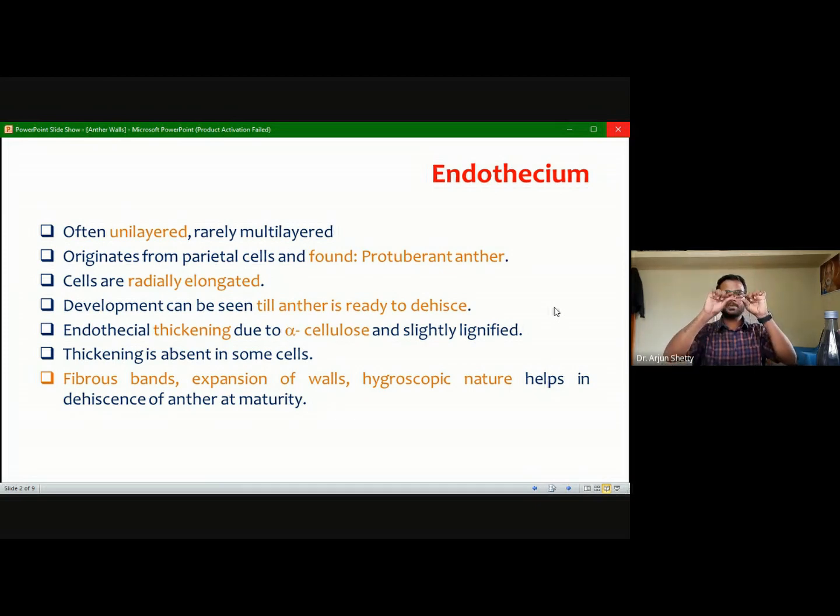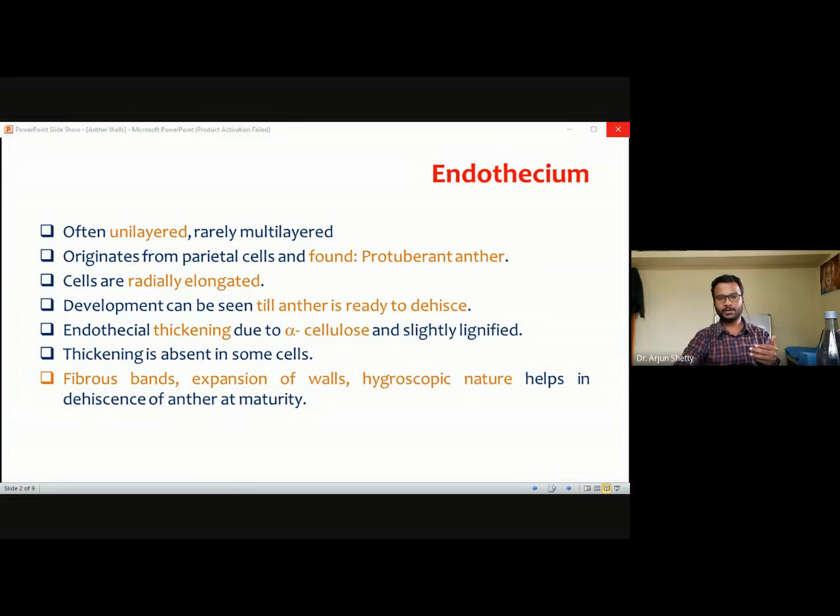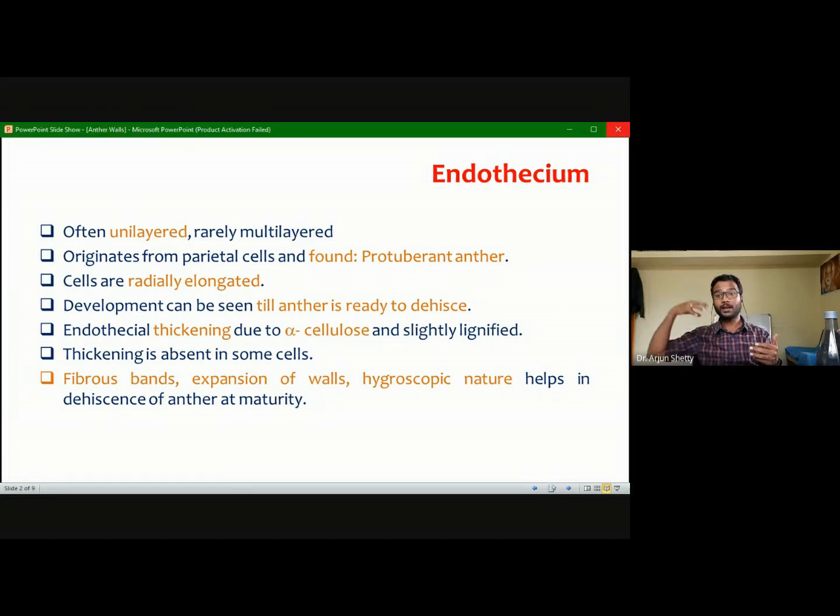To cover the complete microsporangium, they increase their length in a radial pattern, and the endothecium can be seen until the anther dehisces, until the microspores come out of the anther or microsporangium. Till then we see the existence of the endothecium.